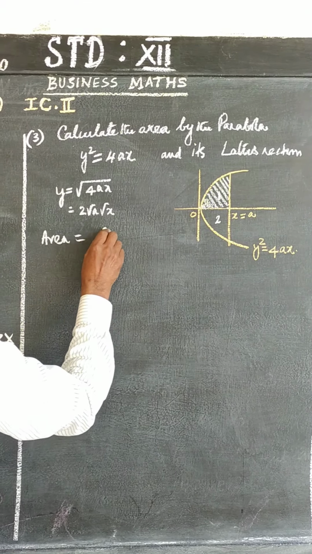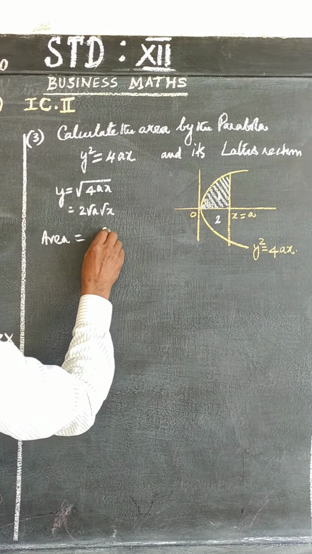This 3 by 2 will be multiplied, so 4 root a becomes 8 root a by 3 into a power 3 by 2 minus 0. That is 8 root a by 3 a root a, which is nothing but 8 a square by 3 square units.